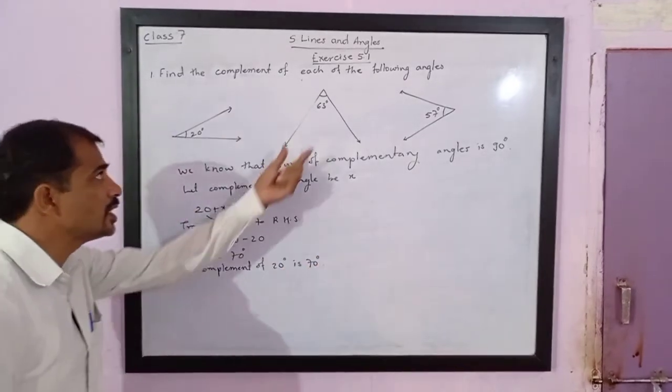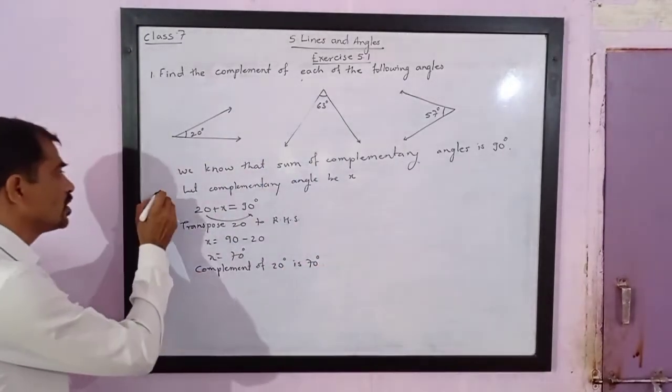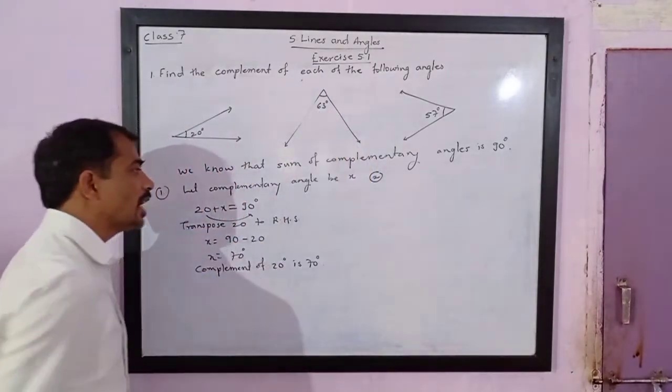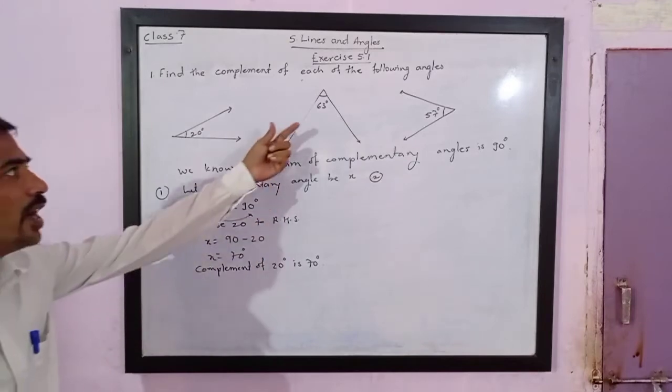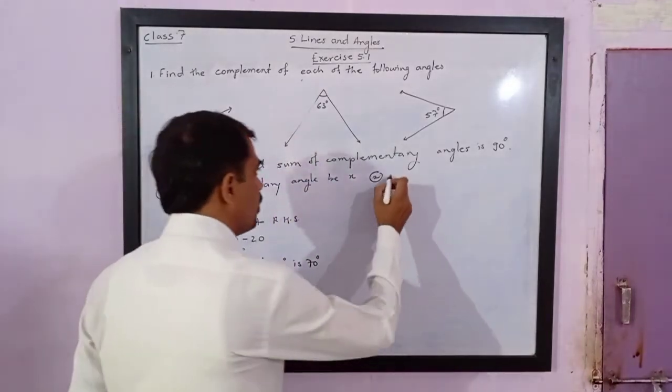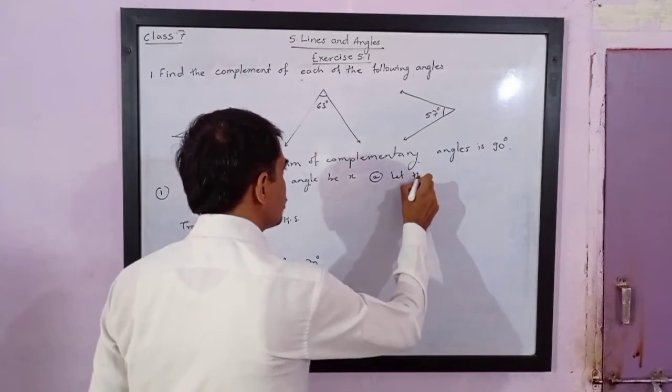Now the second is 63 degrees. This was the first part. Second part, for 63 degrees. Again you can solve similarly and find the complement for 63 degrees. So here also let the complement be x.